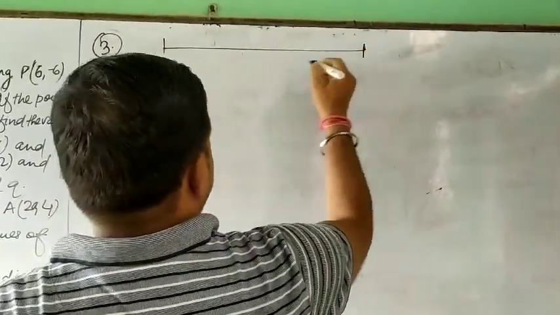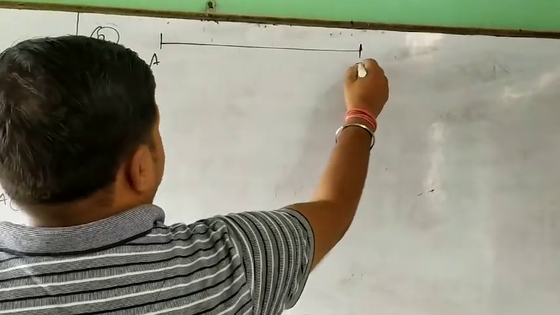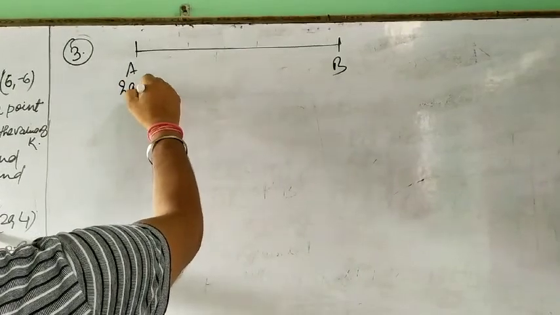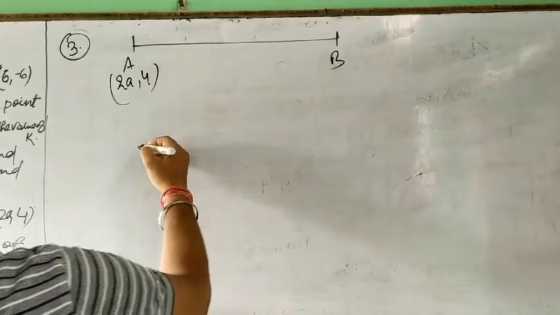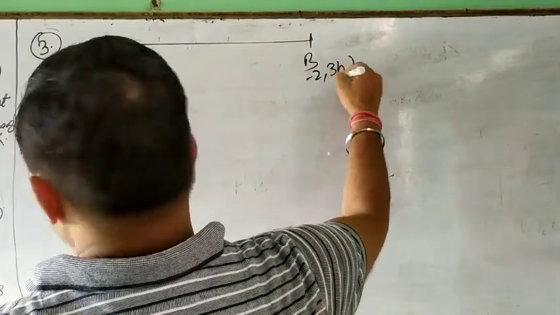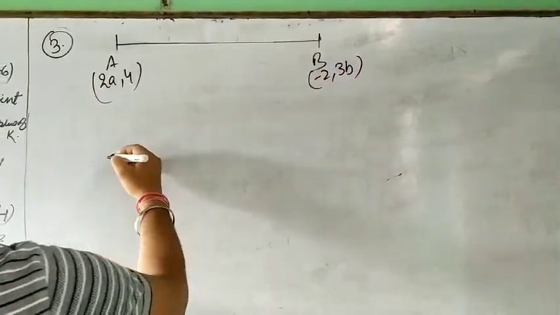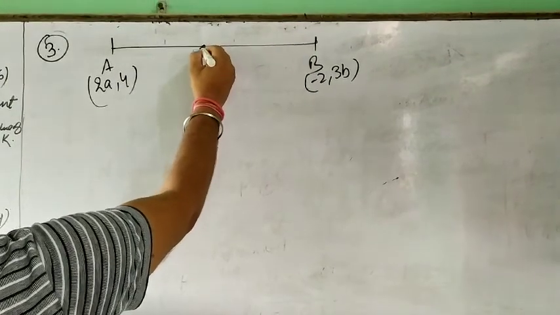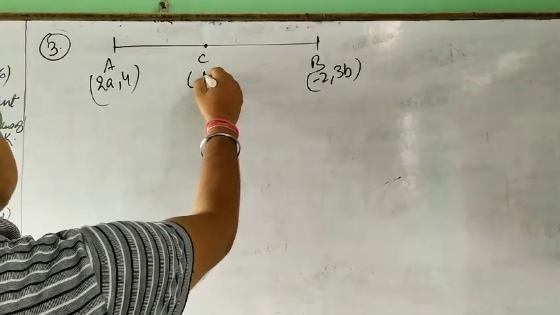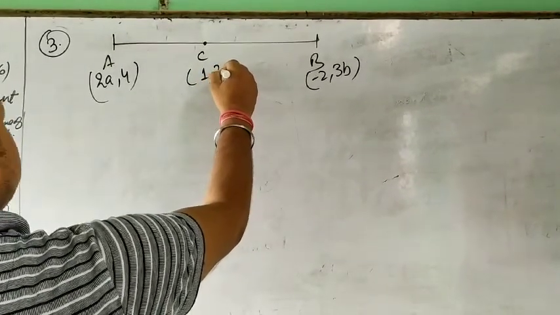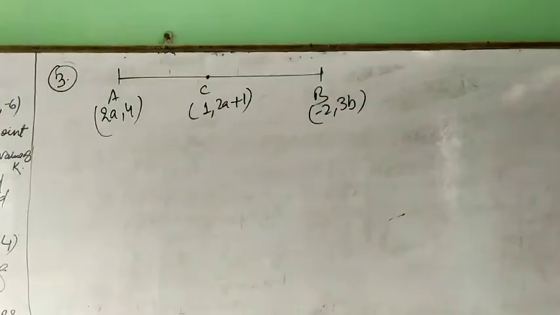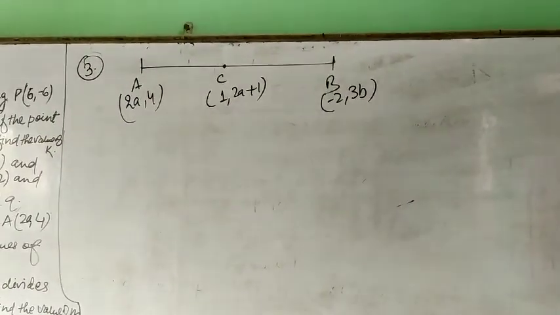Here is the line segment A and B. The coordinates of A equal (2, a, 4) and coordinates of B equal (-2, 3b), and the midpoint is C. C is the midpoint. So coordinates of C equal (1, 2a plus 1). Find the value of a and b.